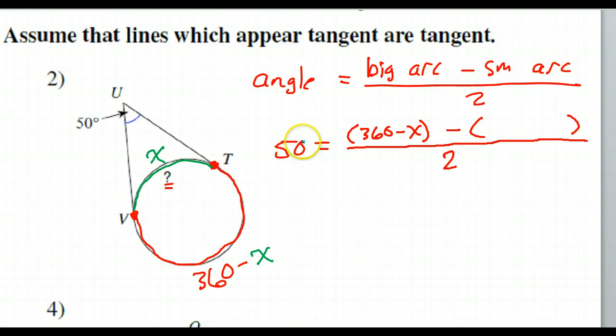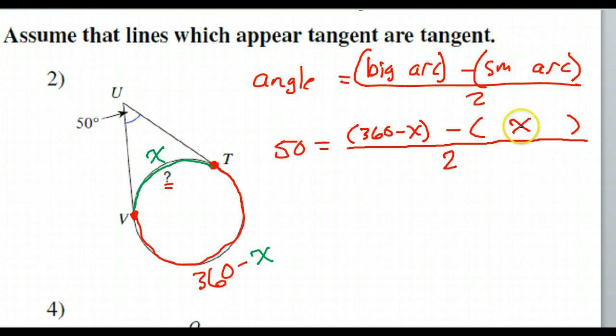The angle, 50, equals big arc, see the parentheses, minus small arc, see the parentheses, divided by 2. The big arc happened to be 360 minus X, so I put it right in this position. The small arc is simply X, nothing fancy. Because this is just X, it's not like a binomial.